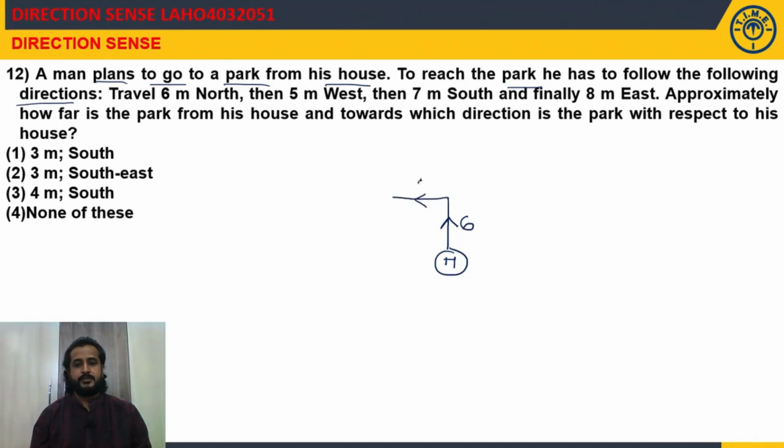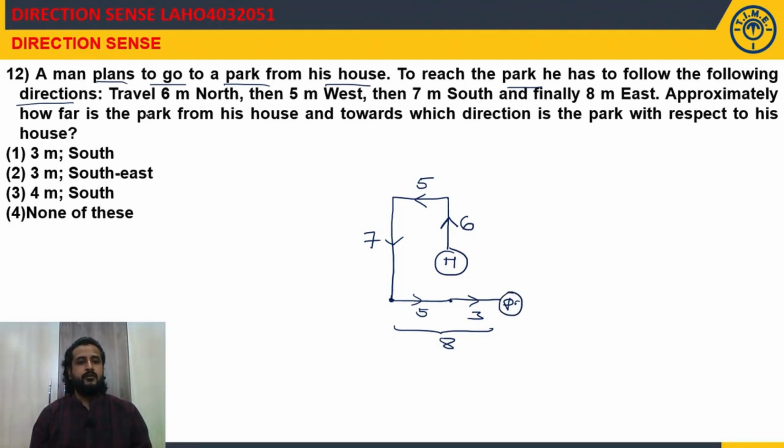Then 7 meters south. And finally 8 meters east. If I travel till here, it is only 5 meters east. So 3 more meters, so total 8 meters east. That's it. So he reaches the park.